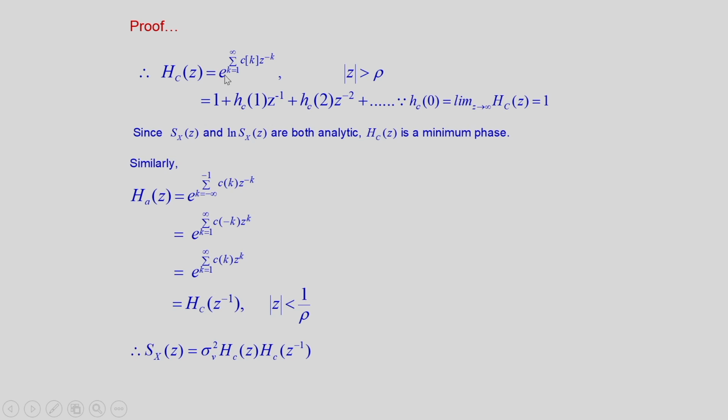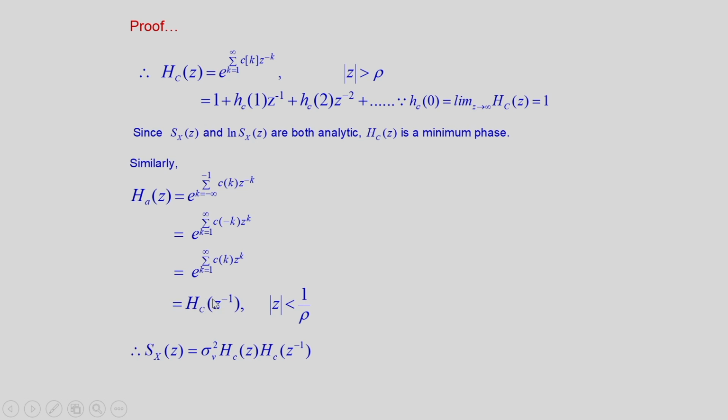This is the same as Hc of z, except that in place of z to the power minus k, we have z to the power plus k. Therefore, this quantity must be Hc of z inverse. Only in place of z we have z inverse.